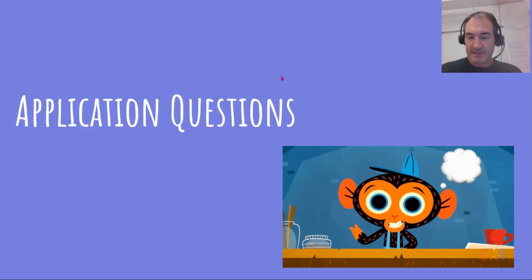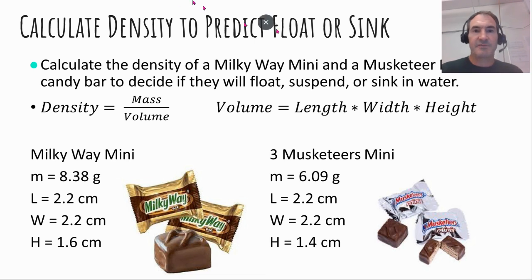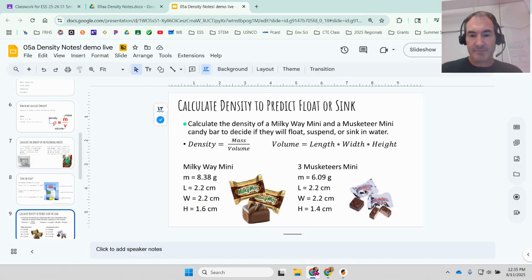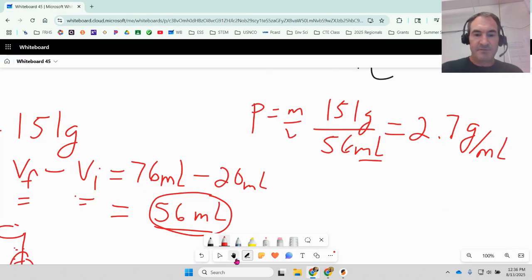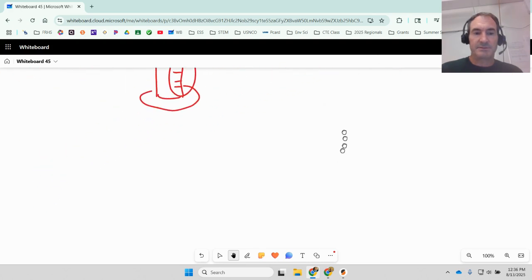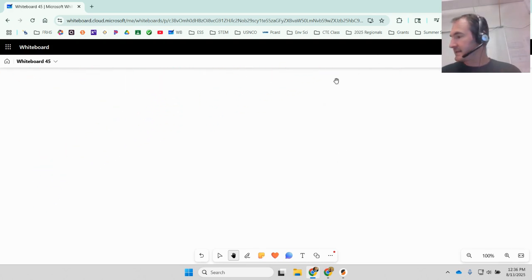And so I've got a couple application questions. And actually, before I do that, I want to give you one other example. We talked about, let me pull up my whiteboard here again. We talked about what if you have a regular shaped solid, right? We can measure the sides and do length times width times height for a solid.